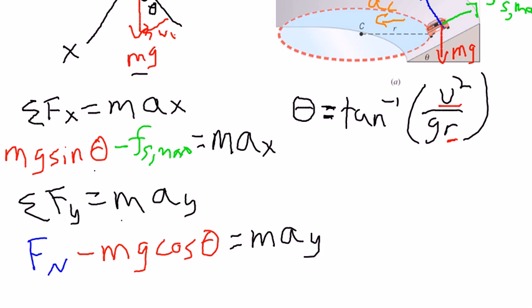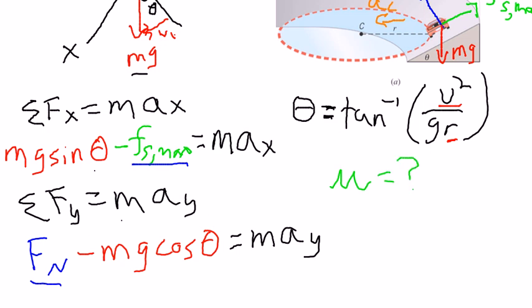Alright? So, at this point then, the question is, how can we go about solving? Well, now we have two equations, and currently it looks like, let's see, what do we not know? We don't know what the normal force is, and we do not know what the friction force is. More specifically, within the friction force, we don't know what the coefficient is, that's what we're trying to find, right?